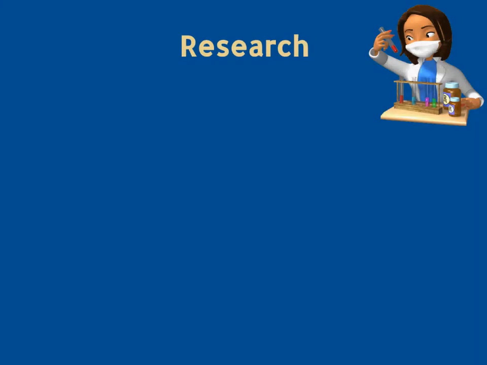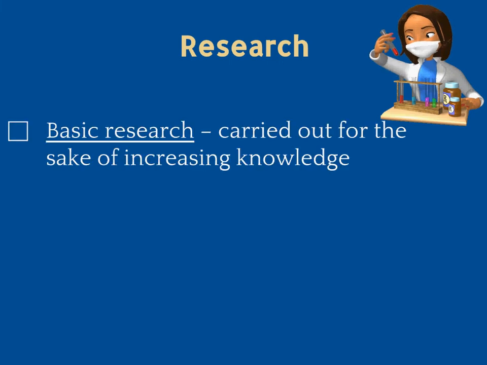Now, when we're dealing with chemistry, we're looking at research. What kind of research can we have? And we actually have 3 types of research. And this will be it for today. The first one is just when we're trying to gain knowledge about something. So that's called just basic research.